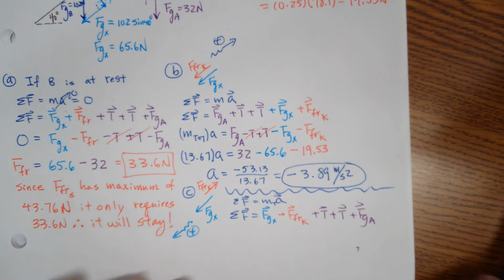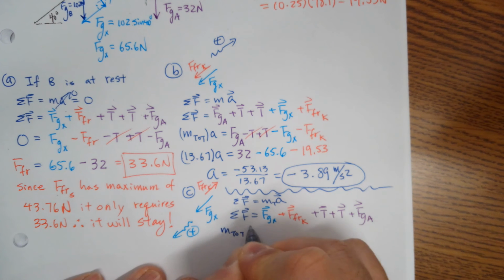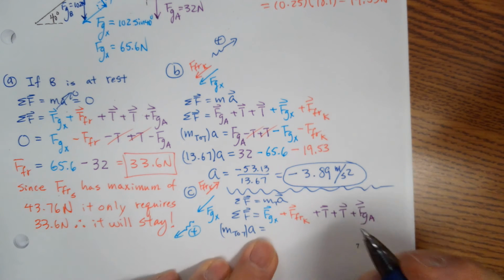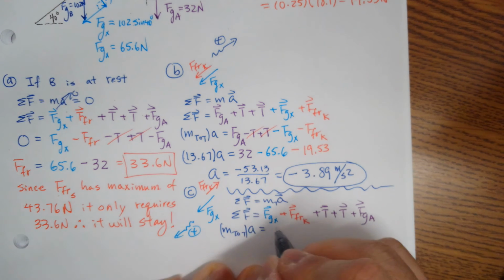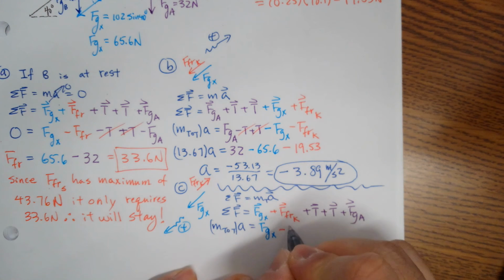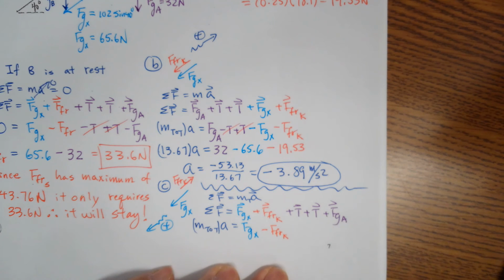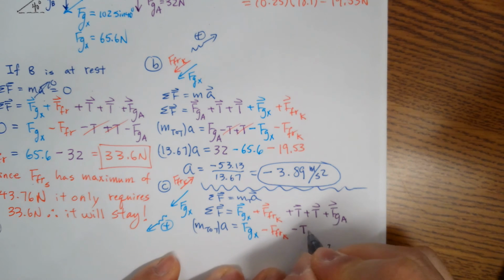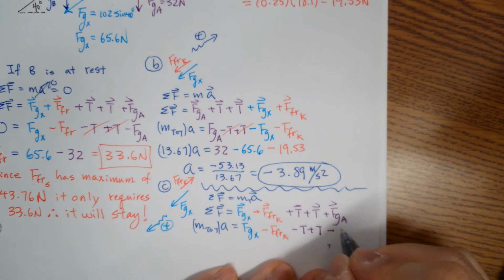So when I set these equal to each other, my M total A is equal to FGX positive minus kinetic friction minus tension plus tension minus FGA.